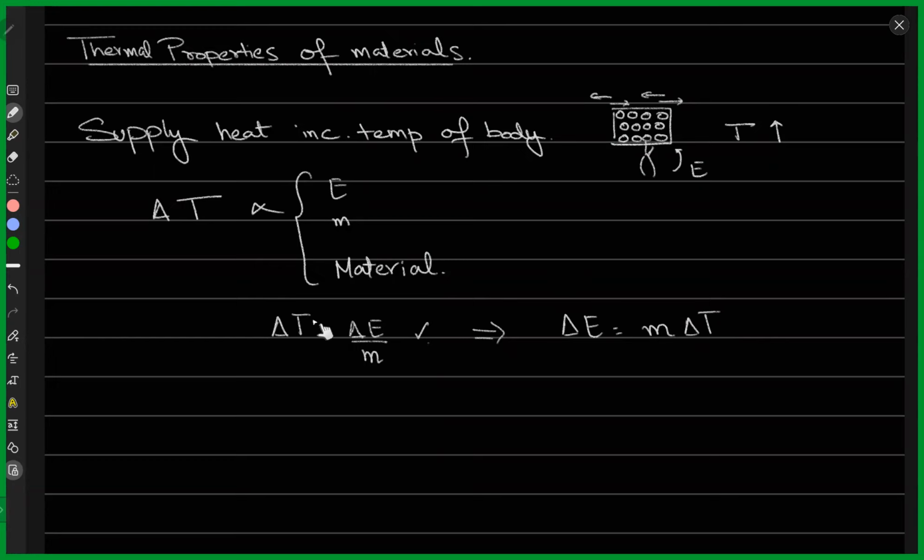Sorry, there will be another constant in this expression as well. So I should have really written it like this: delta T is proportional to that thing, and this other constant comes because of the constant of proportionality.